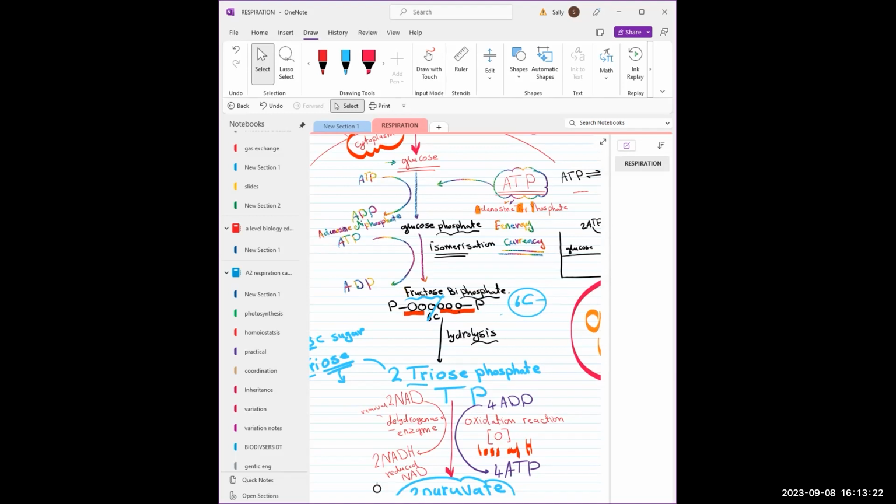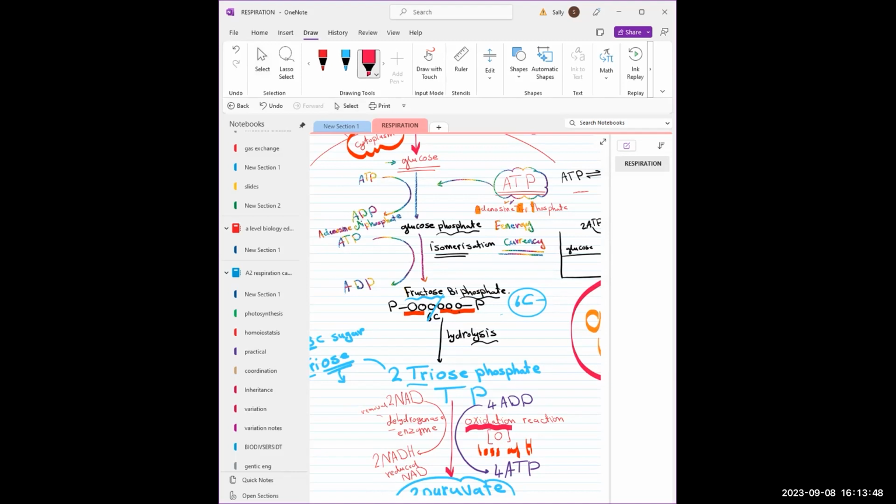And then this glucose phosphate is turned into fructose biphosphate. So then we need to split the fructose biphosphate by hydrolysis to 2 triose phosphate. And the 2 triose phosphate is then oxidized.